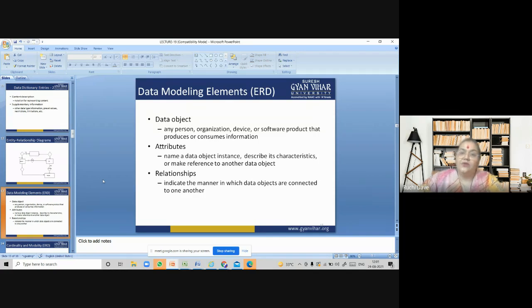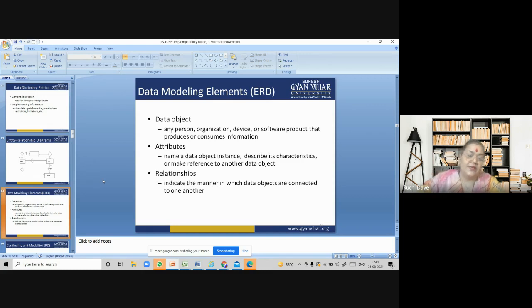So coming to the data modeling elements. In data modeling, what do we require? We require data object, attribute, and relationship. Data object can be any person, organization, device, or software product that produces and consumes information. Attributes name a data object instance, describe its characteristics, or make reference to another data object.